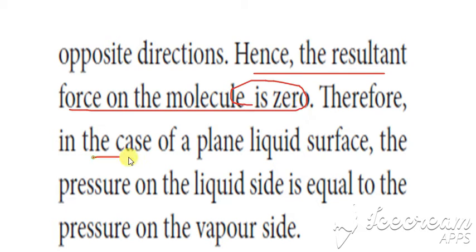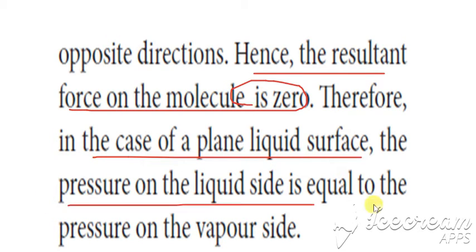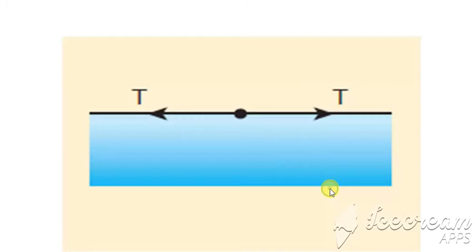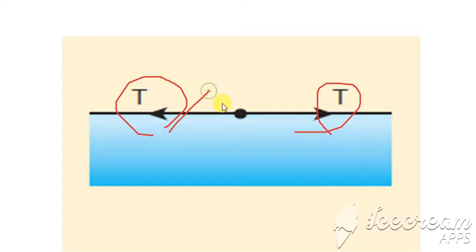Therefore, in the case of plain liquid surface, the pressure is equal to the vapor pressure. When there is any plain surface, the pressure inside and outside are equal. Here we have the diagram. Since both the surface tensions are acting in the opposite direction, they cancel each other.